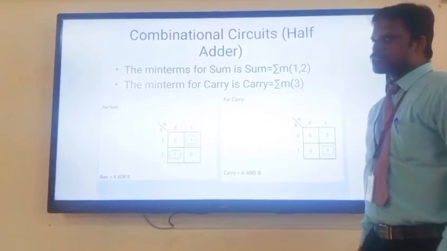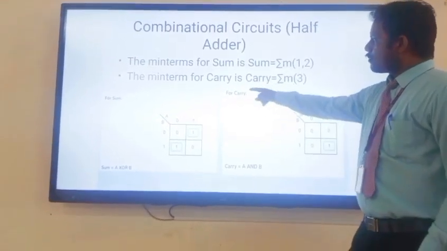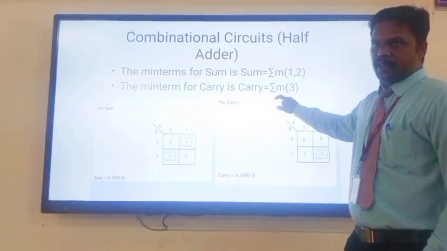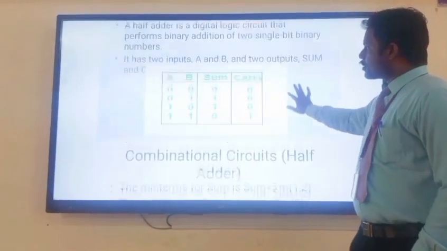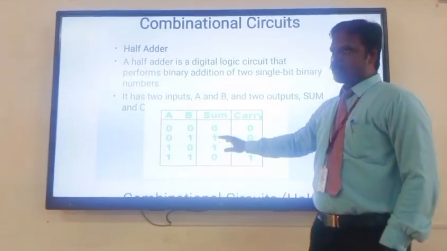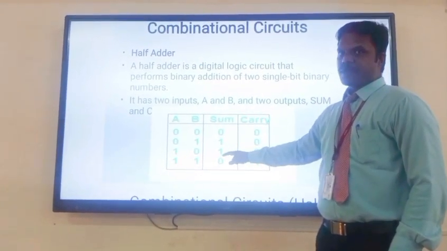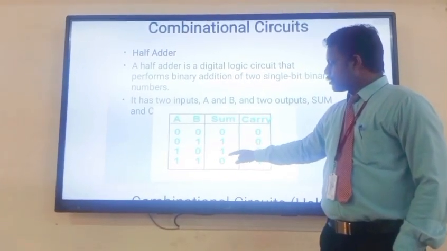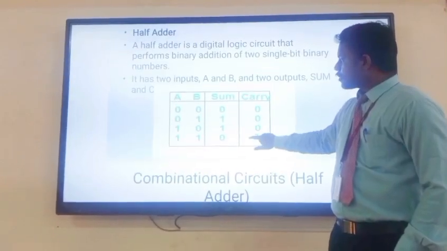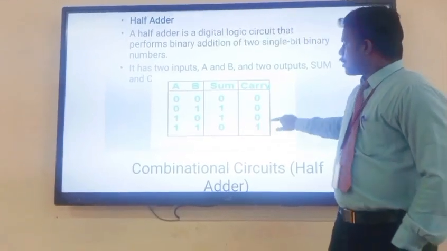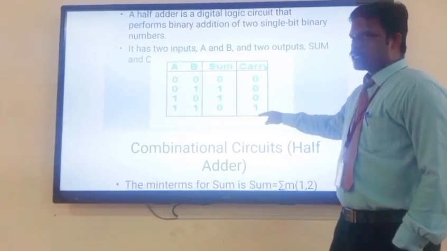For the sum, it is 1, 2. For the carry, the minterm is 3. In our truth table, the 1 for sum is present in positions 1 and 2, and for carry the 1 is present in position 3.